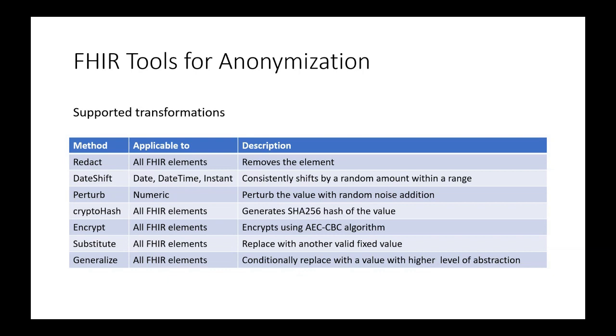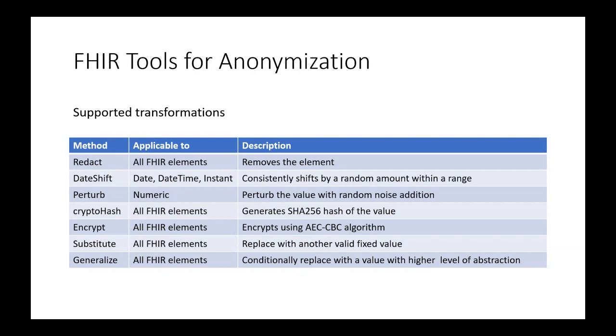The reason we shift all the dates is to maintain the chronological order, because we don't want to give a medication before a problem or condition occurred. So in order to maintain that chronological ordering, we shift all the dates by the same amount, but that amount is random. That can be done at the individual patient level or at the entire data set level.